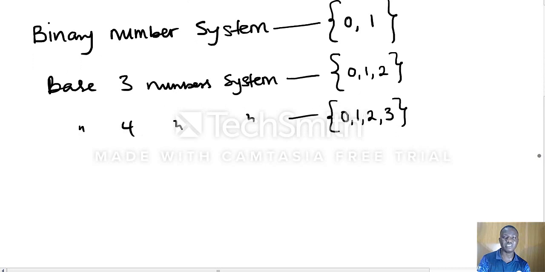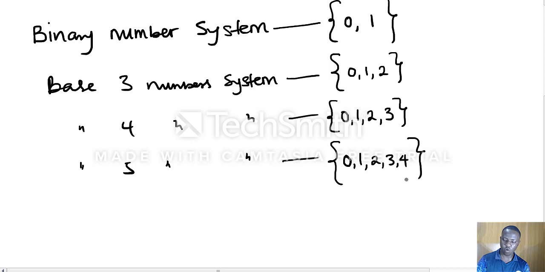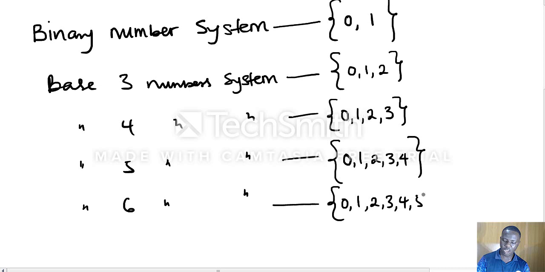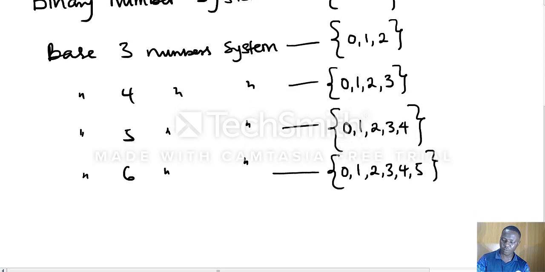We also have the base 5 number system, and in the base 5 number system, it's made up of digits 0, 1, 2, 3, and 4. Also, in the base 6 number system, we have digits 0, 1, 2, 3, 4, and 5.